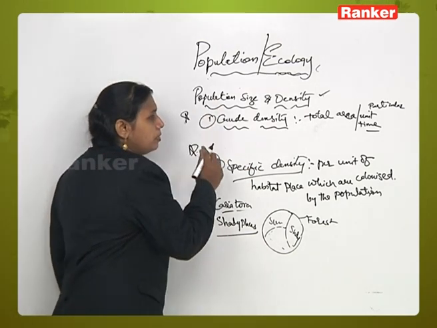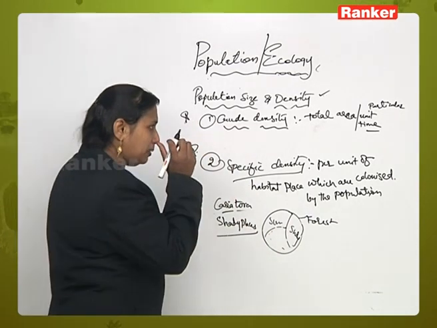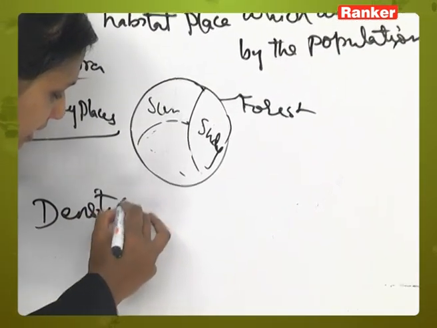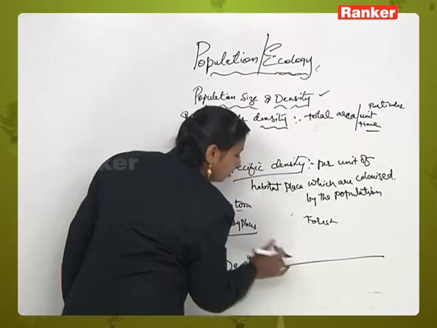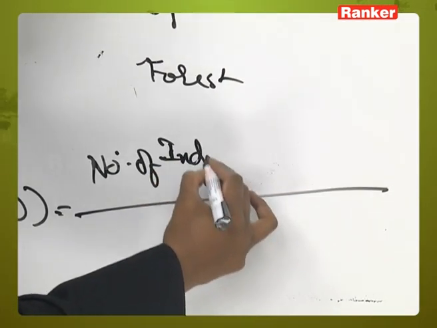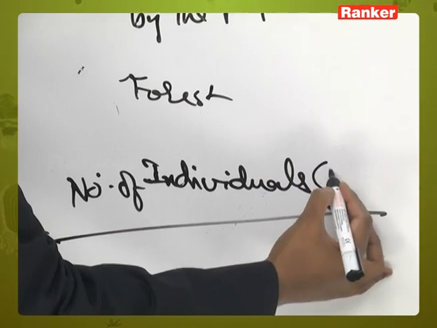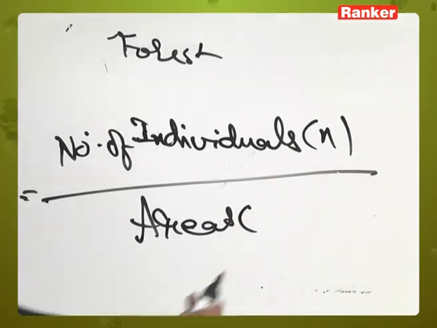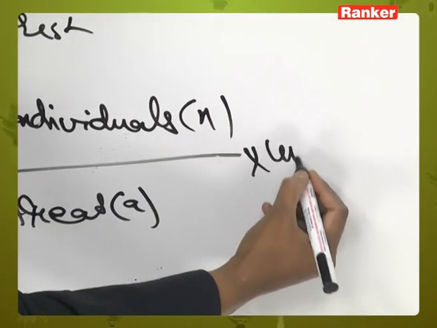These are important. Now density is basically measured by the number of individuals, and density is denoted by the letter D. It is represented by the number of individuals, n, by the area we are talking about, considered as A, into unit time.